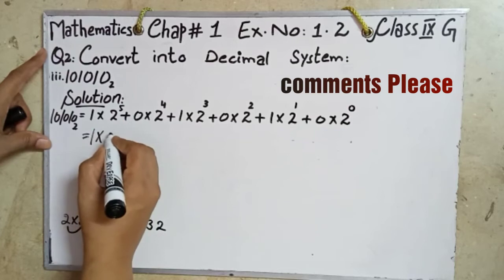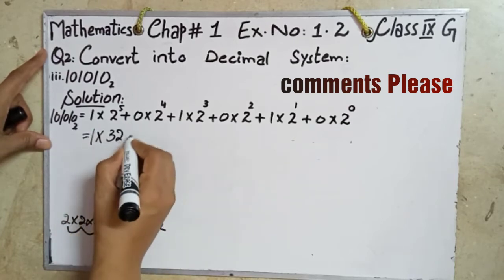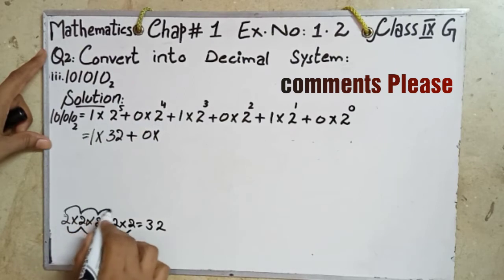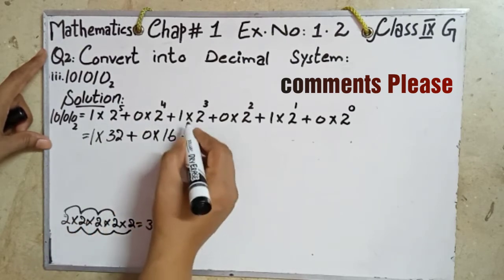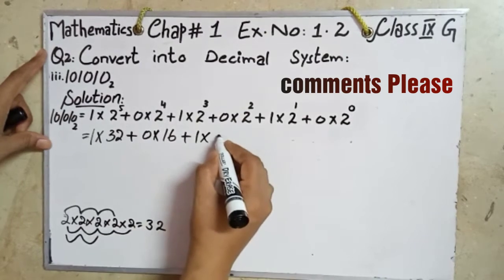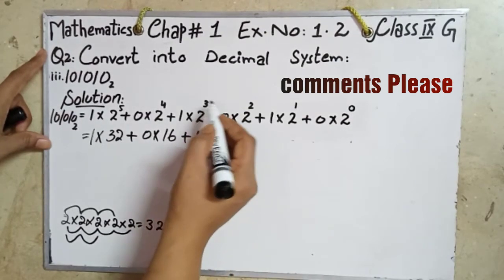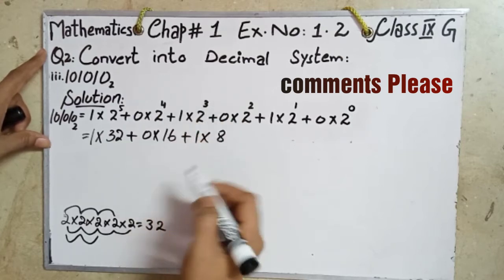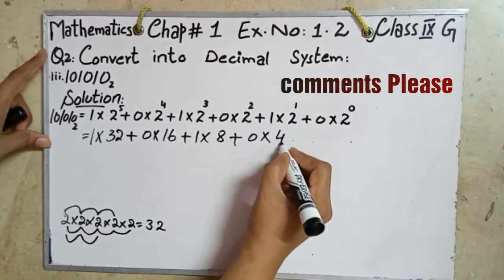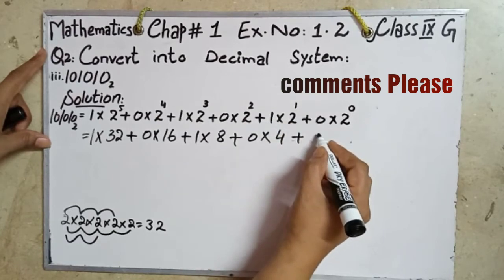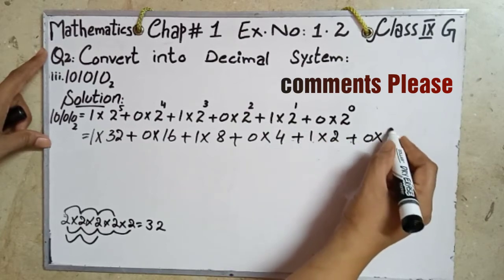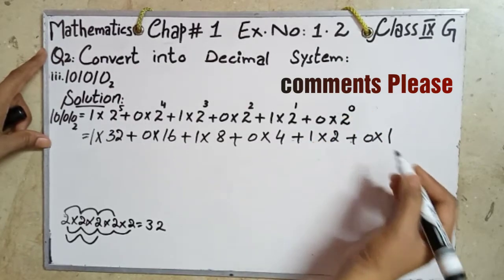So 2 power 5 equals 32, plus 0 multiplied by 2 power 4, plus 1 multiplied by 2 power 3. 2 2s are 4, 4 2s are 8. 2 power 3 means 2 we have 3 times, 8, plus 0 multiplied by 2 power 2, plus 2 power 1, so 1 multiplied by 2, plus 0 multiplied by power 0, considered 1.